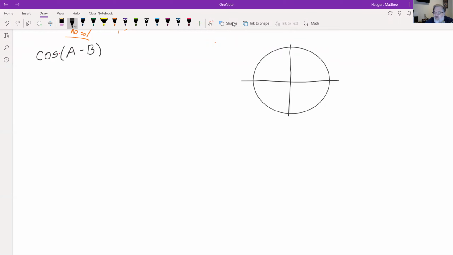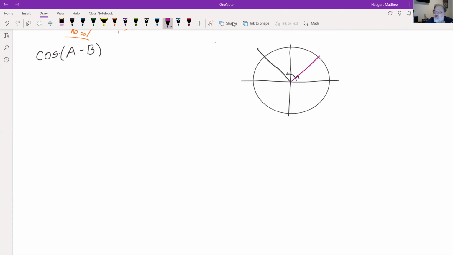So to do that, I need some angles. So I'm going to draw us an angle A. I'm putting it in quadrant 2 for no particular reason. Makes the diagram look nice, but doesn't have to be in quadrant 2.